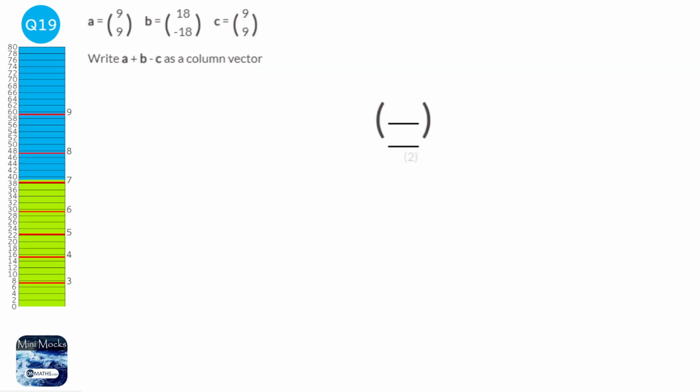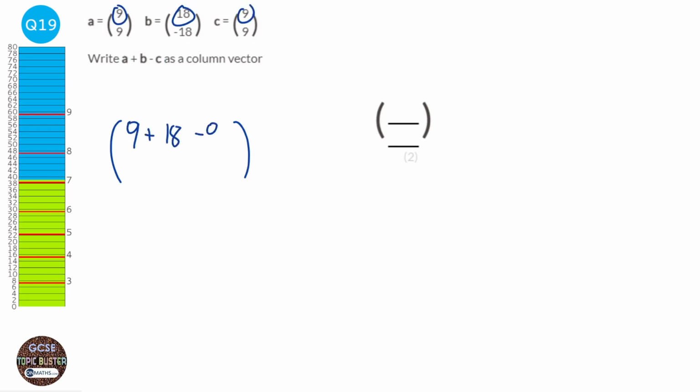2.9%. So when we're doing column vectors and adding and subtracting them, we just literally add and subtract the top and bottom numbers. So A plus B minus C will be, just looking at the top, 9 plus 18 minus 9, which will equal 18.